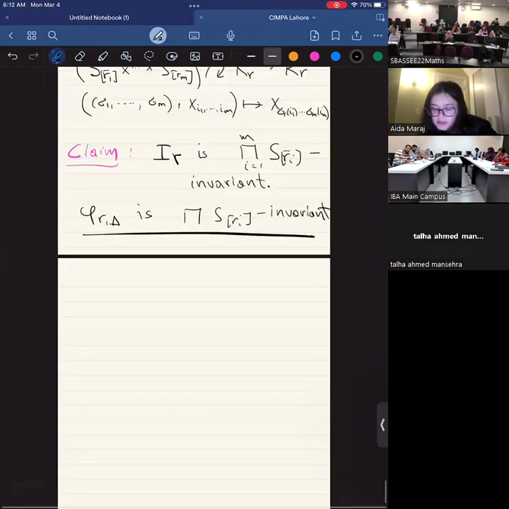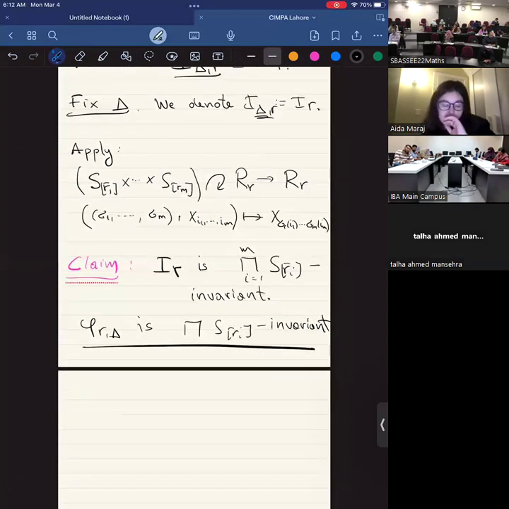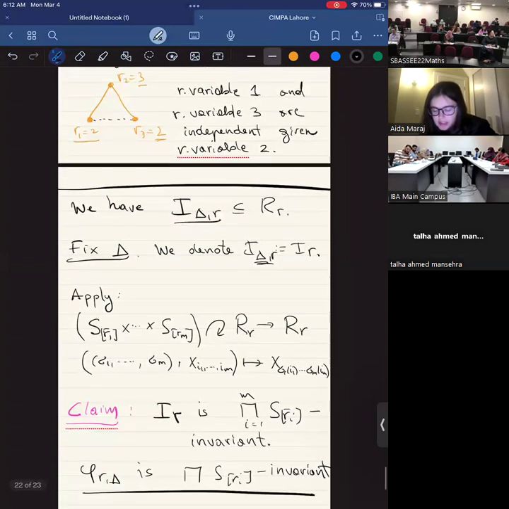And why do we do that? This is one of the main motivations of this theory: when working with hierarchical models where the number of states is very large, these ideals end up being extremely, extremely large.